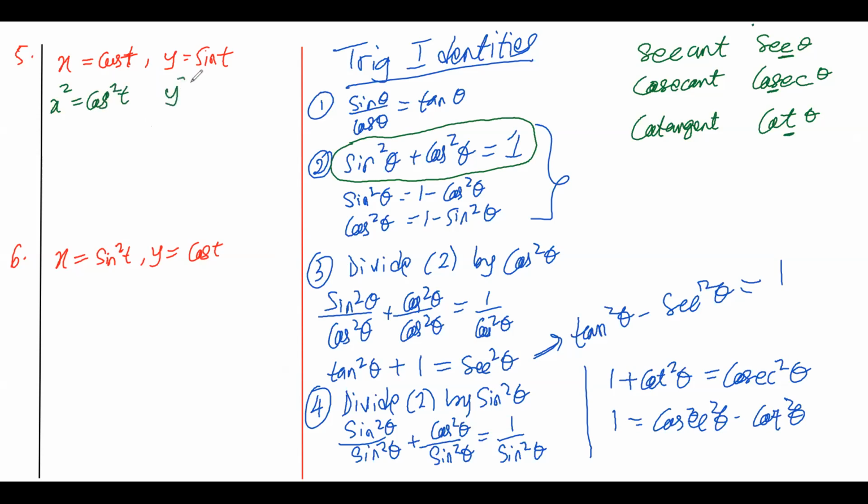Then y squared equals sine squared t. And I can add both of them, x squared plus y squared equals cos squared t plus sine squared t. So which means x squared plus y squared is equal to 1. And that's all.